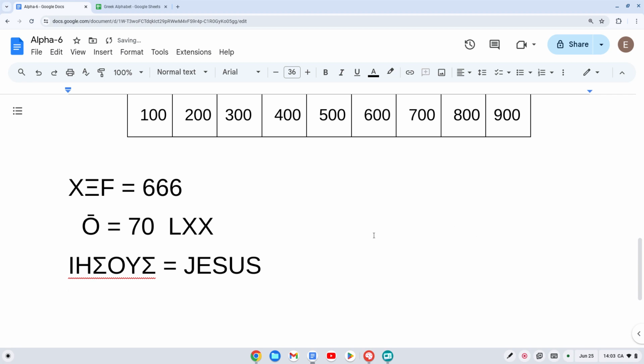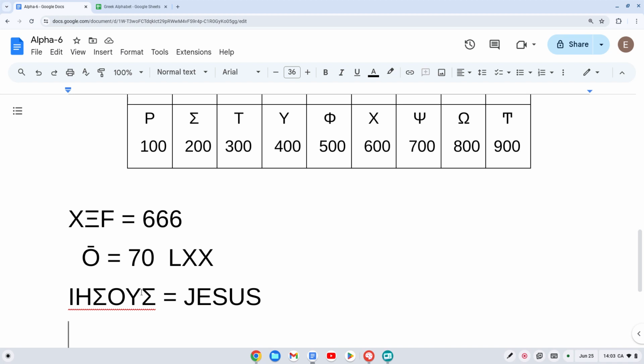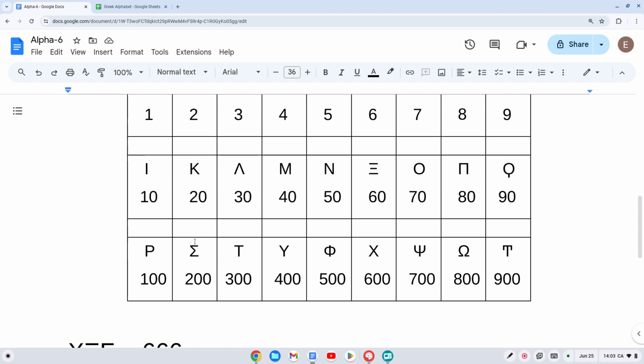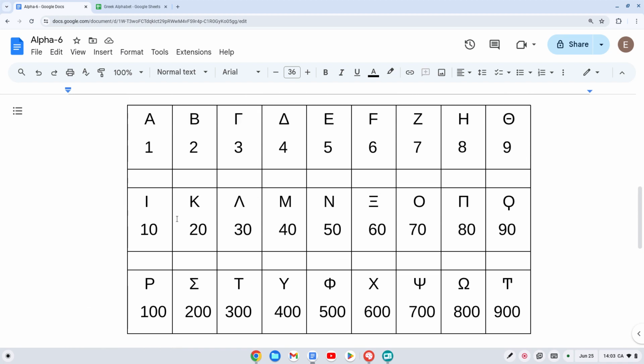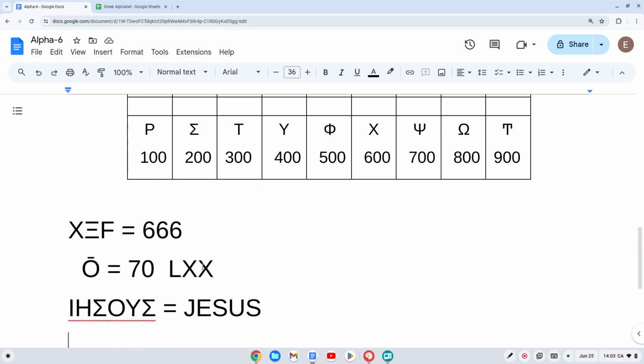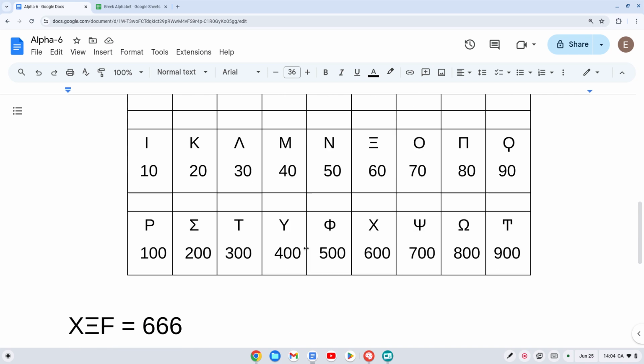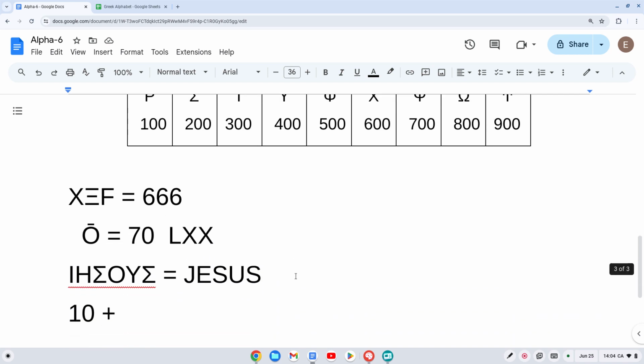Now if you associate the Greek letters to the numbers, iota equals 10. Iota, 10, and then you add them up. Eta, 8.